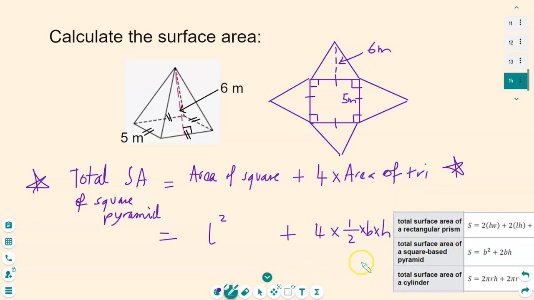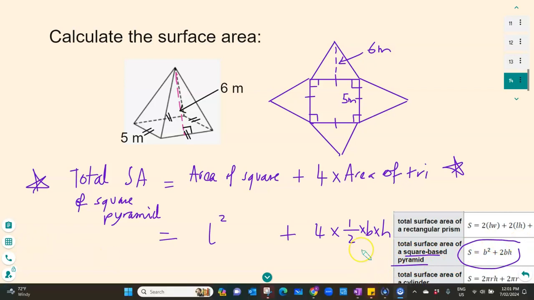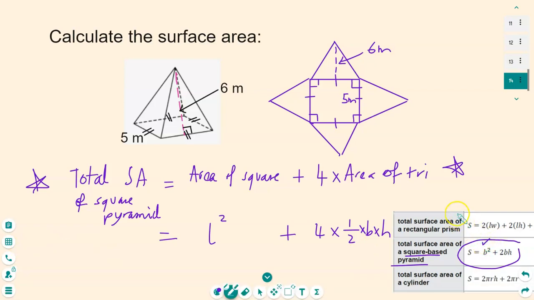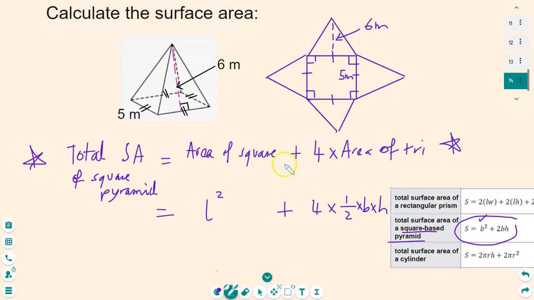And when we come down to our formula sheet for a square base pyramid, we can see that we have L squared, which is just another formula for the length, and we've got 2BH. How did we get 2? 4 times a half is 2. So that's just the formula that they use on the formula sheet. But I think it's nice to be able to derive it yourself to make sense of this formula and know you can get it.